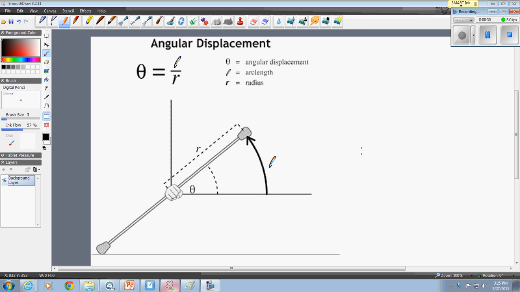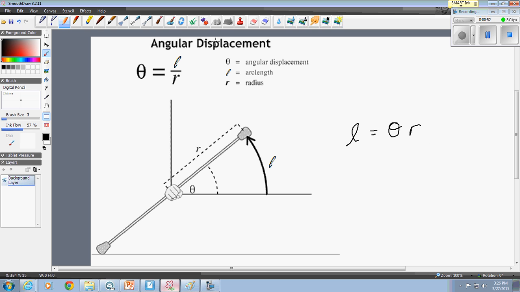So what that means is, if you have your arc length, that's going to be equal to your angular displacement, or what degree this rotates with, times your radius.